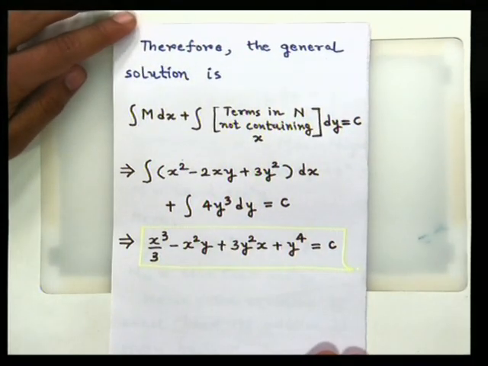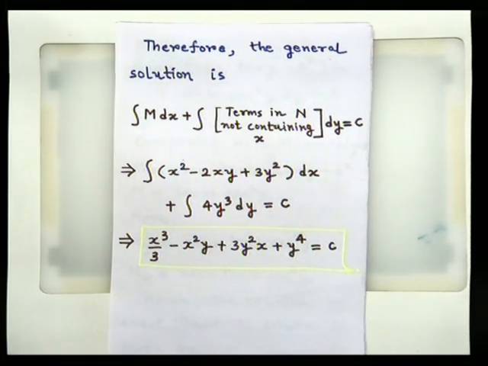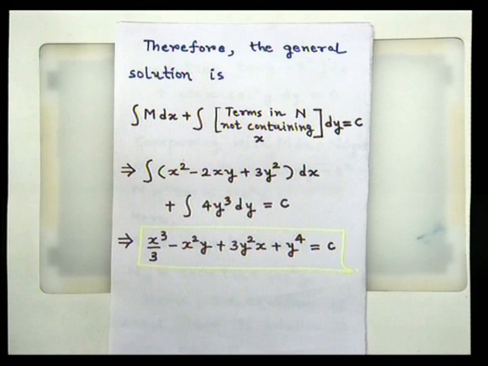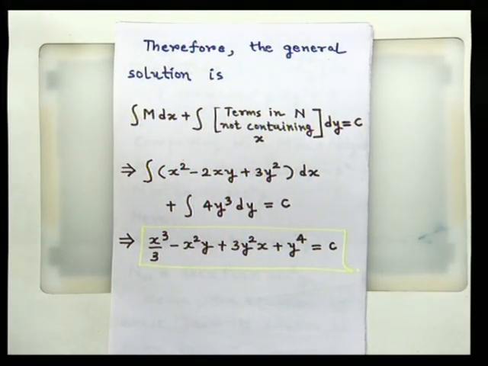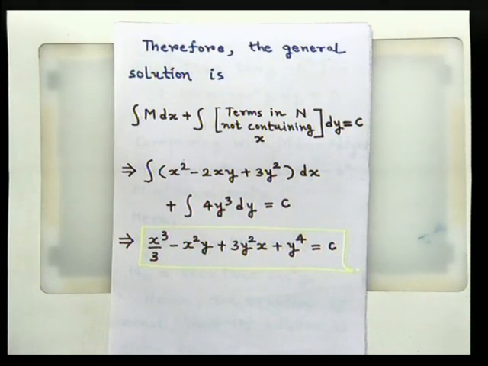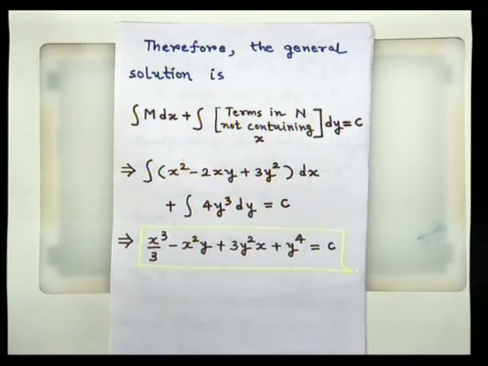Therefore, the general solution of exact differential equation m dx plus n dy equal to 0 is given by integral m dx plus integral of the terms in n not containing x, its integration with respect to y, is equal to the arbitrary constant c.